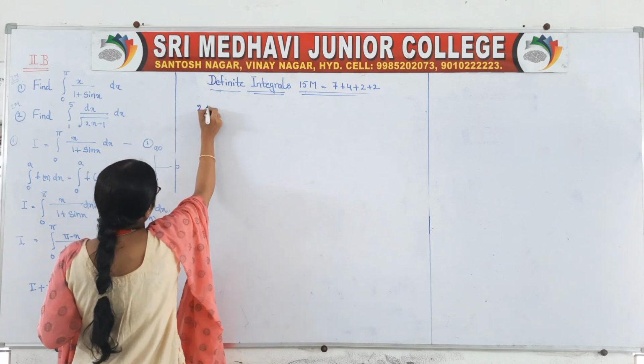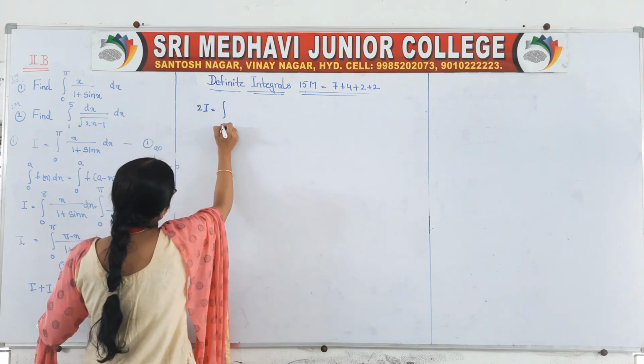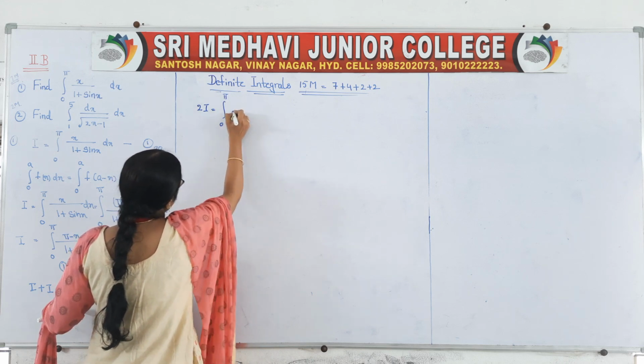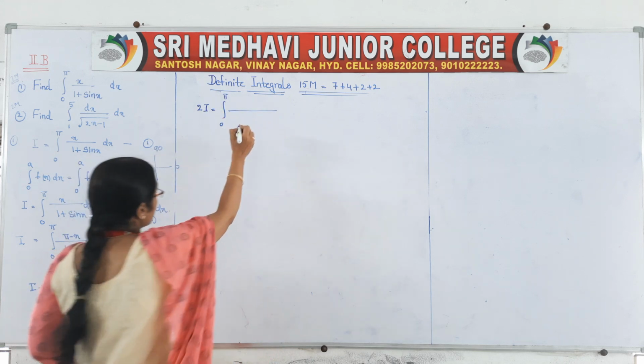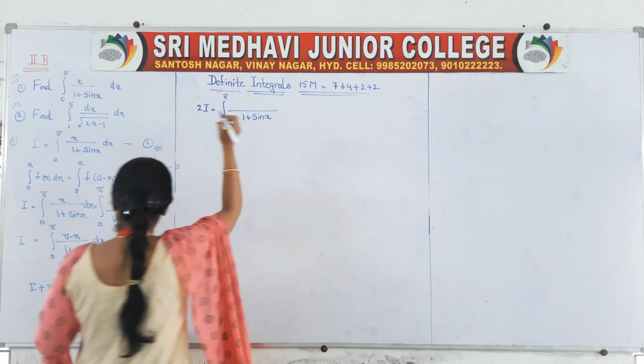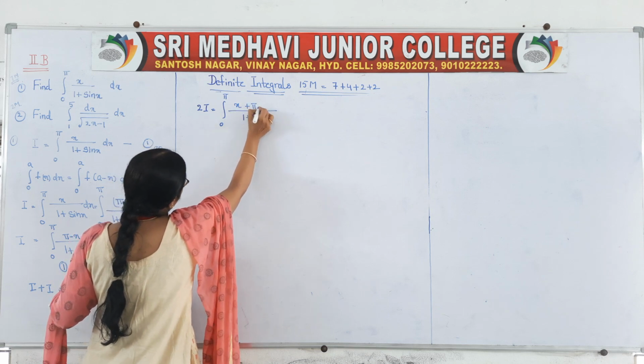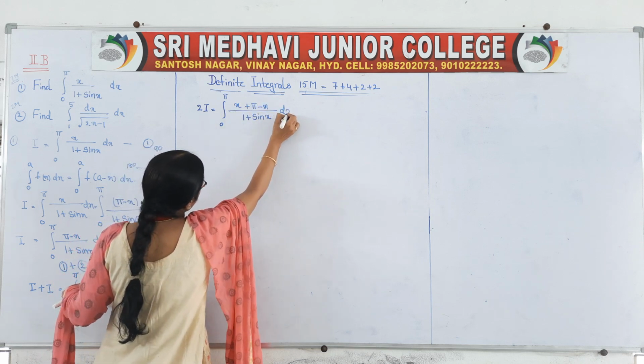Okay, if you observe it, we can take the LCM for this. So 2i is equal to, we can take the LCM, 0 to pi. What is the LCM here? 1 plus sin x is the LCM. Upwards it is x plus pi minus x into dx.